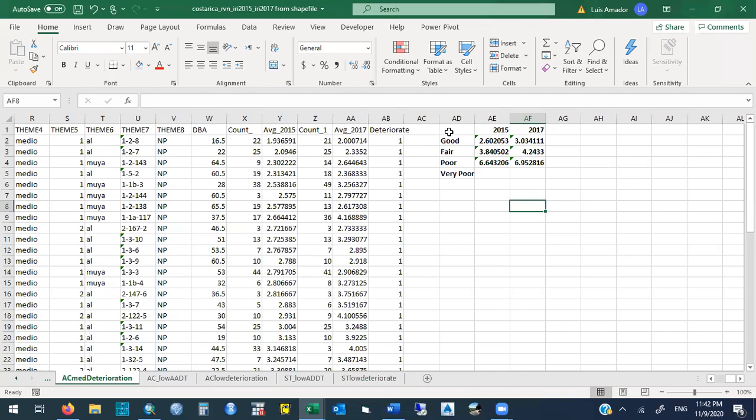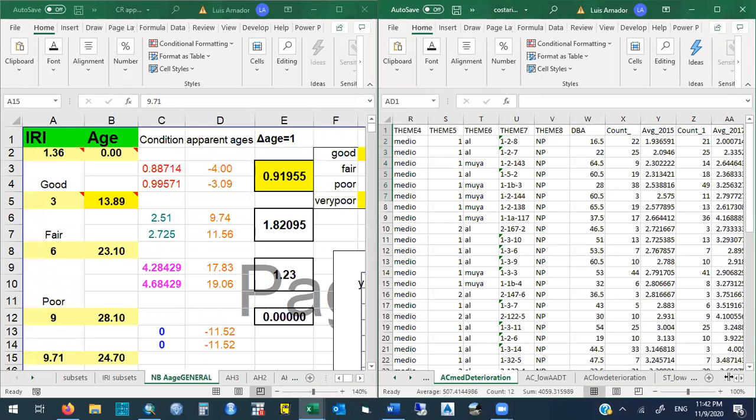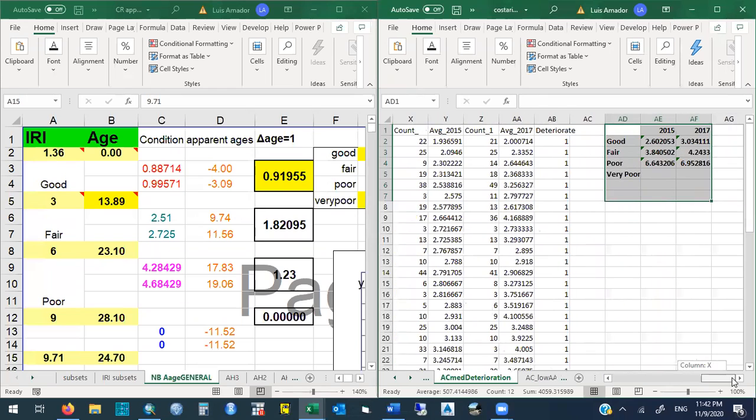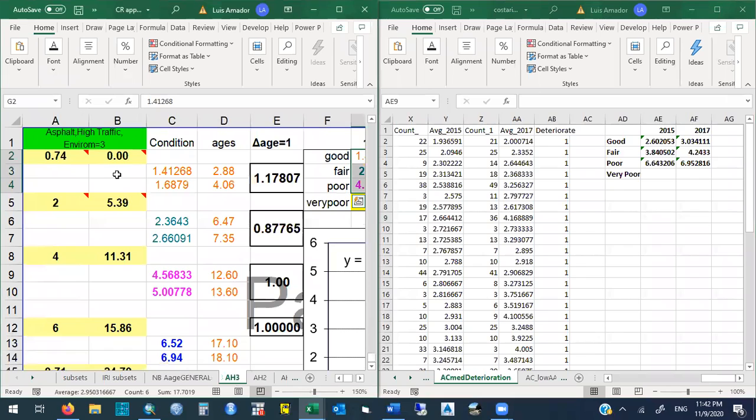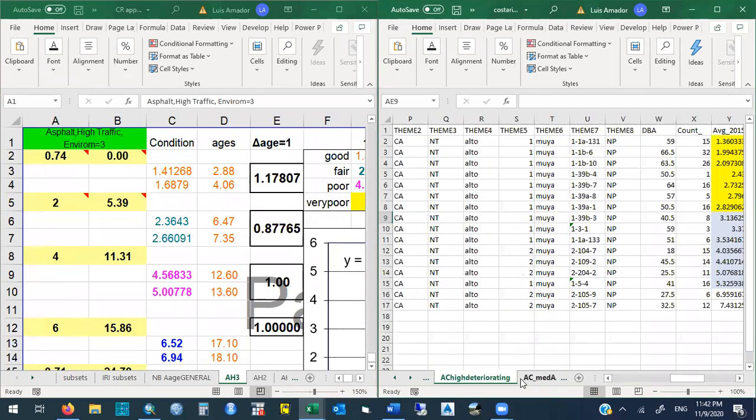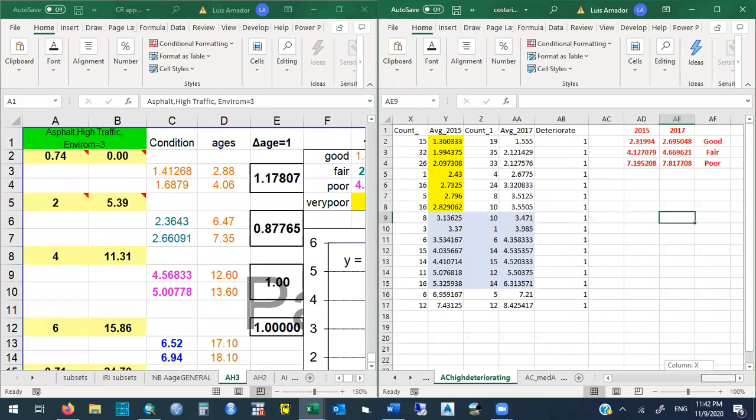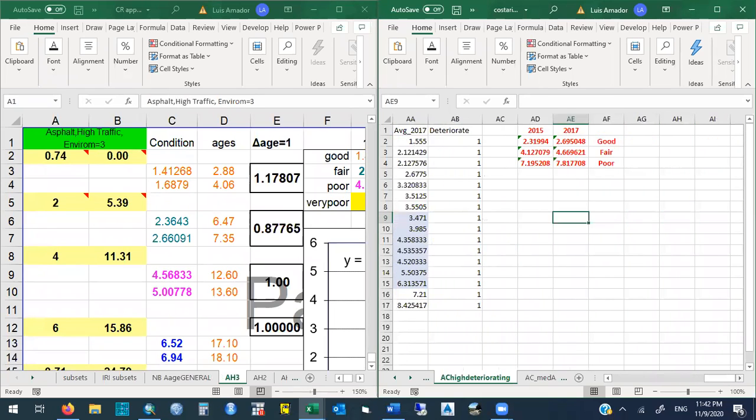Oh, here. So this is asphalt cement medium deterioration, okay? Do I have the high traffic somewhere in here? Yeah, you did it, here, right? Yes.